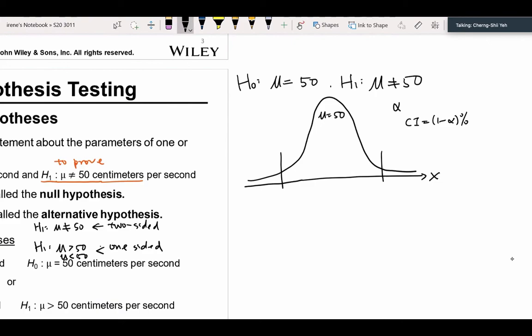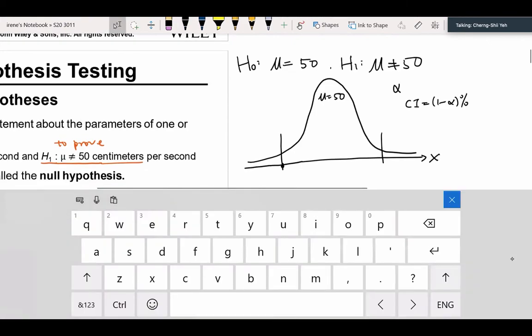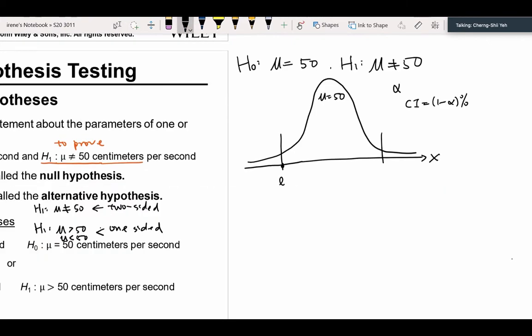So within here, I have my lower bound and my upper bound. Within here, this range is my 95% confidence interval. In other words, we have a 95% confidence that my true population mean will be located between this lower bound and the upper bound.